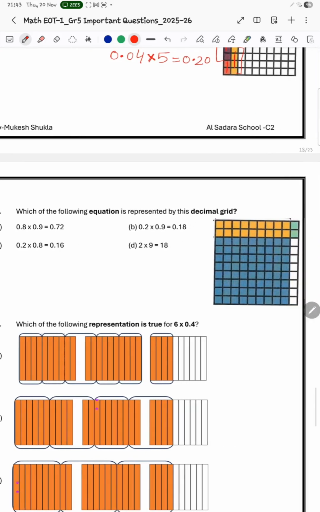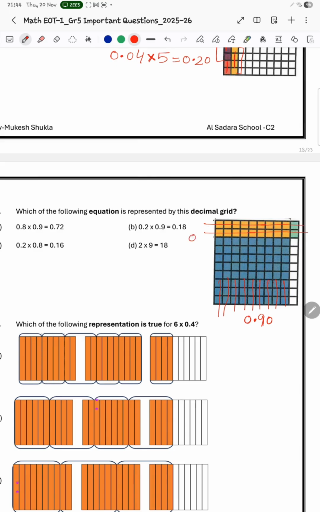Similarly, here I can see how many boxes are colored vertically. Just count: 10, 20, 30, 40, 50, 60, 70, 80, 90. So 90 boxes are colored vertically. And horizontally, how many boxes are colored? 10, 20. So horizontally only 20 boxes are colored, as you can see here.